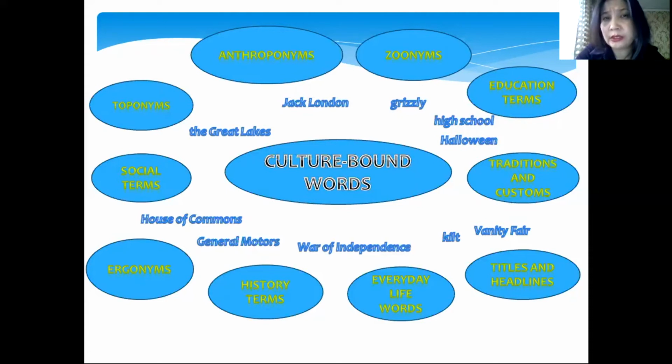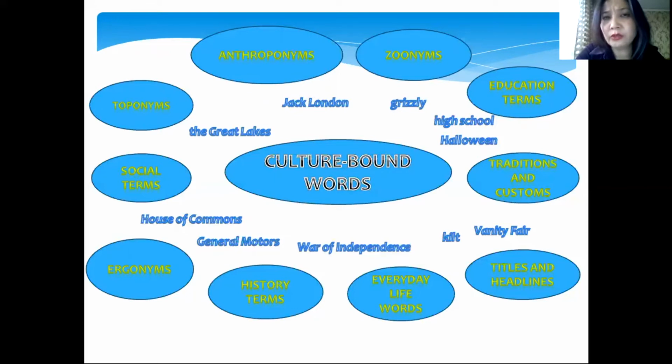So the next group is titles and headlines. Here we say about the titles of literary works, for example, Война и мир, or Vanity Fair, and titles of headlines of newspapers. For example, the Financial Times, the Newsweek, the Zeitung.